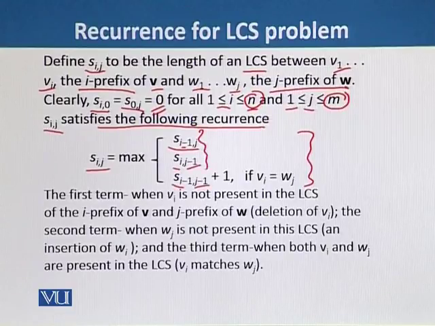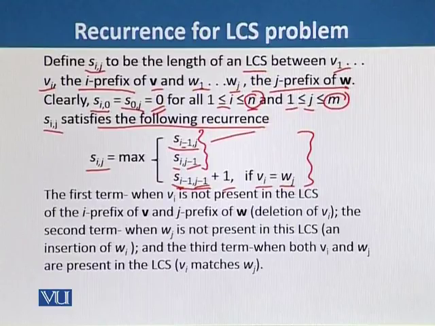The first two we have already calculated for the Manhattan Tourist problem, and the third is Si minus 1 j minus 1 plus 1 if the letters of the V and W strings are equal or identical. From these three we select the value that has the maximum score.